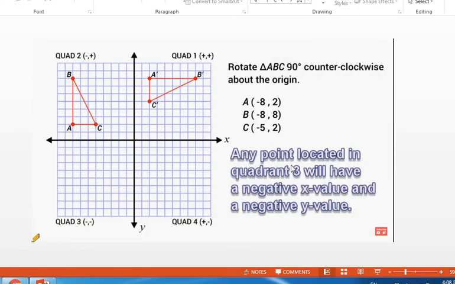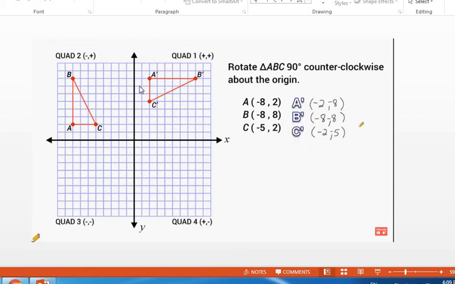As I told you before, when rotating a triangle 90 degrees, I should follow the signs of the quadrant. Here quadrant 3 gives me negative and negative, so these signs must be all negative.